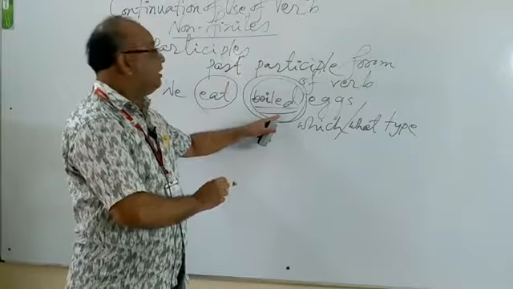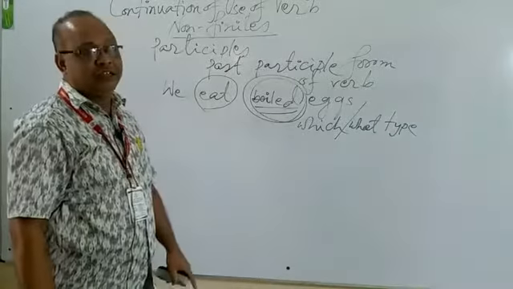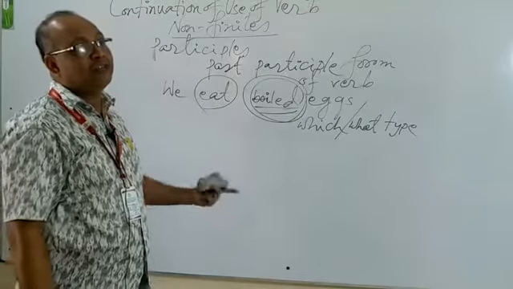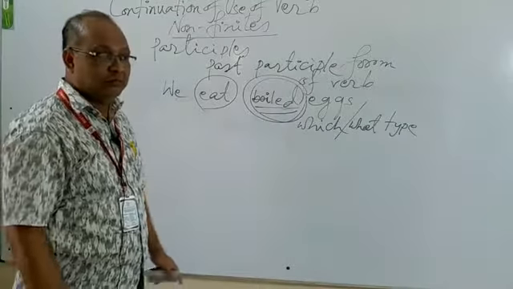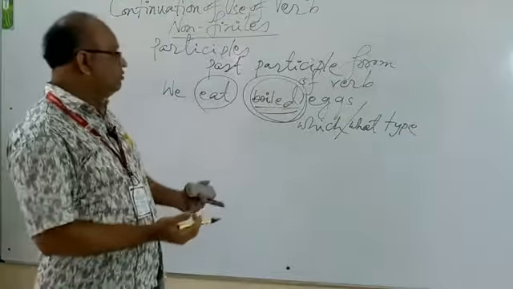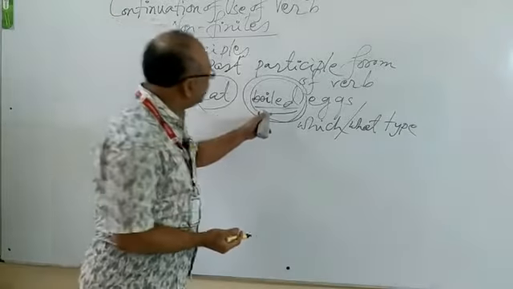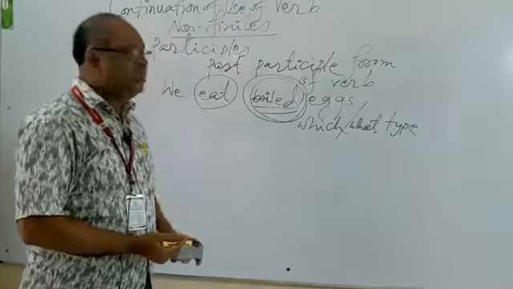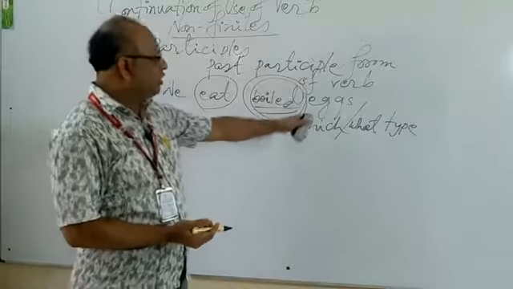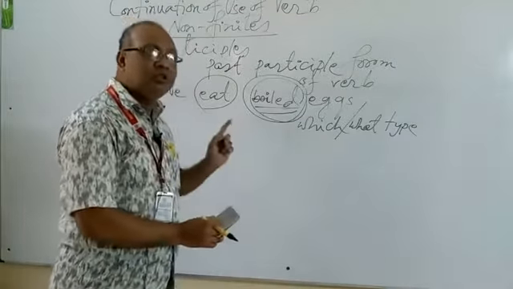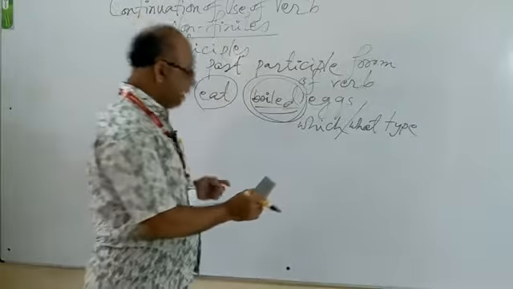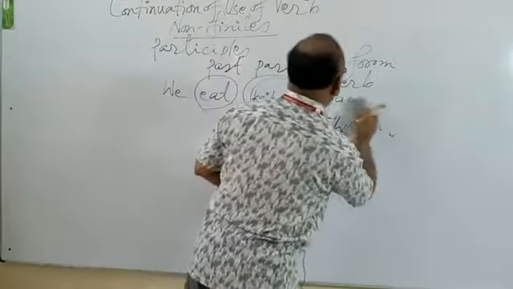And in learning the use of verbs, you are also learning the use of pre-modifier and post-modifier. Modifier is another item in your syllabus. So here boiled has been used as pre-modifier, pre-modifying the noun. Now let me show another one which is used as post-modifier.